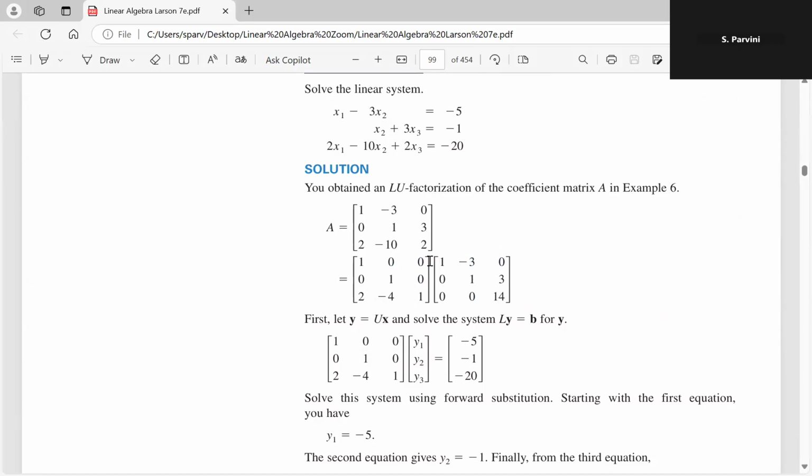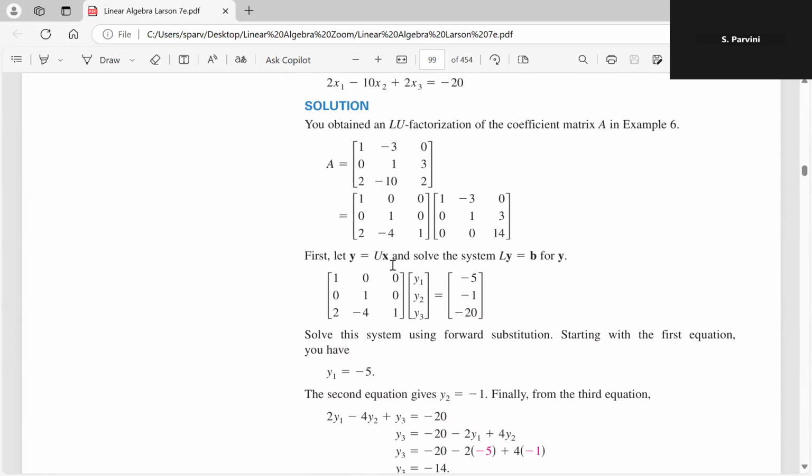This is U. You have numbers above the diagonal. So you have L, U. So the first thing is to obtain the factorization. One of the programs that I go back to will do LU factorization for you. So this is going to be done for us. Now, check out the next step.